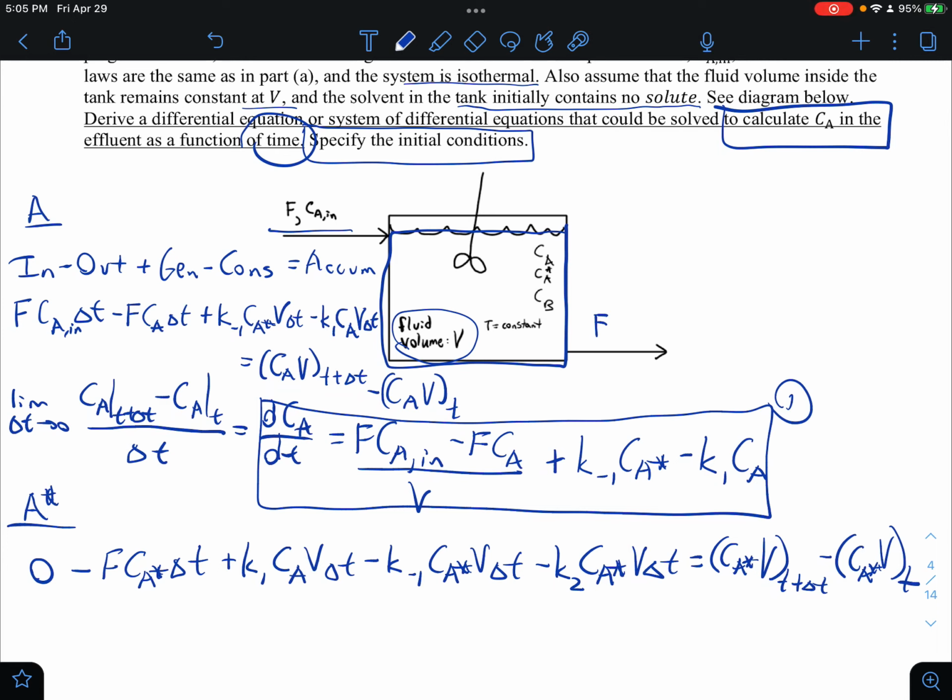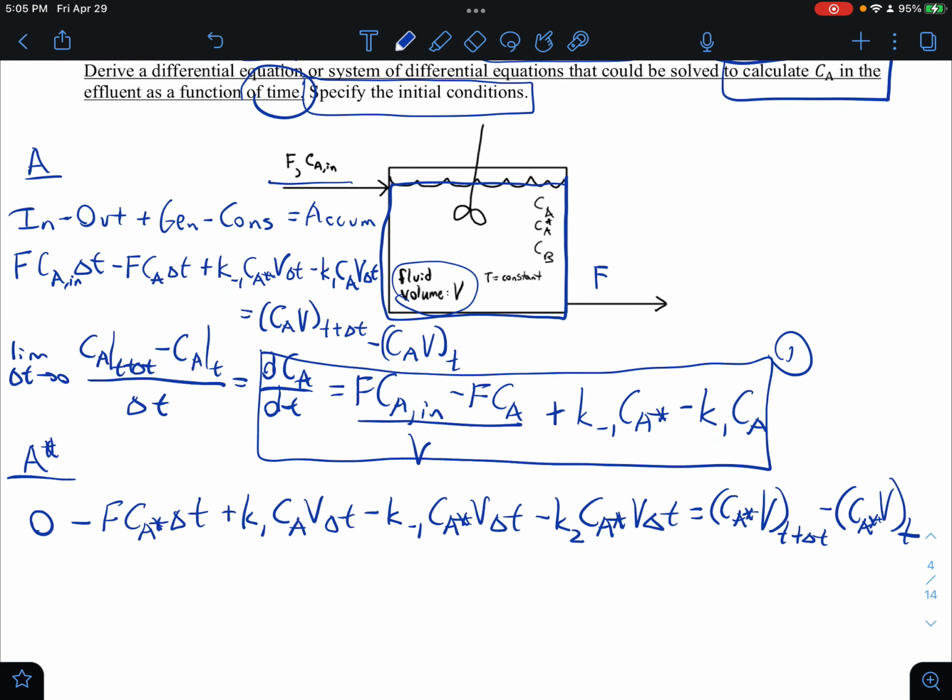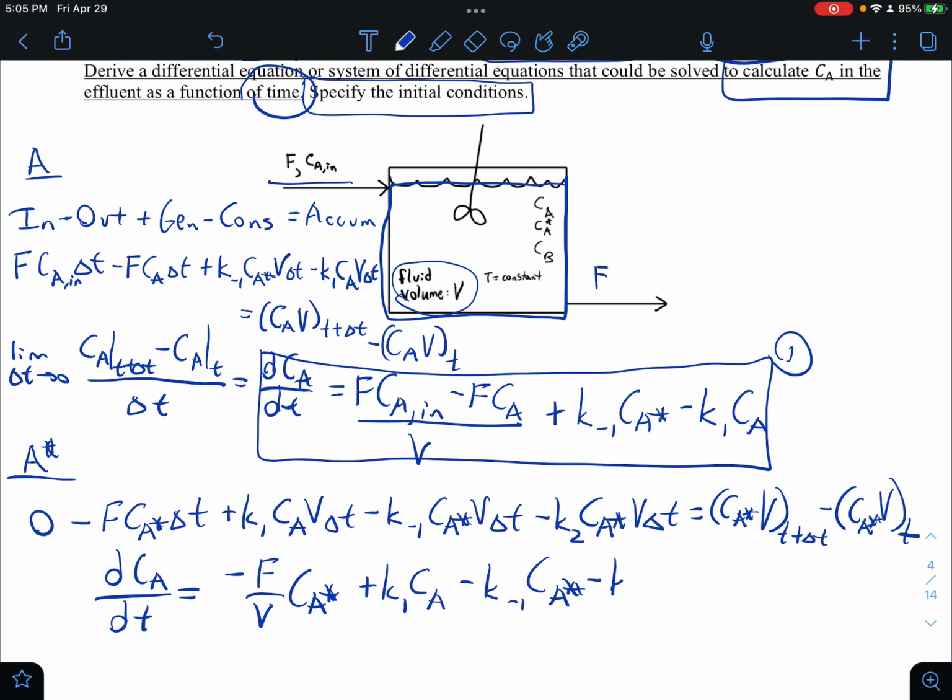So we divide through by delta T, take the limit as delta T goes to 0, and what we ought to get from that is dCA star dt equals minus F over V CA star plus K1 CA minus K negative 1 CA star minus K2 CA star.